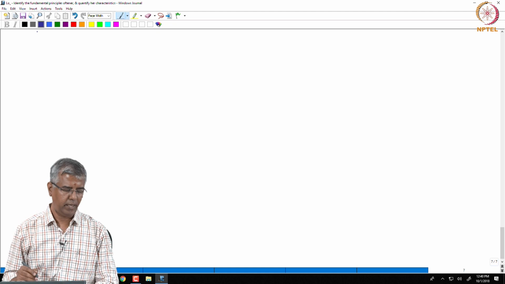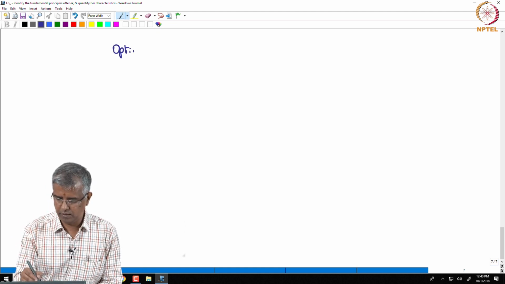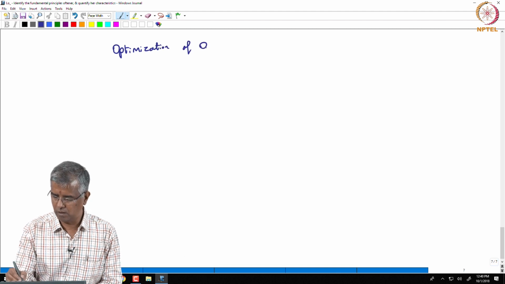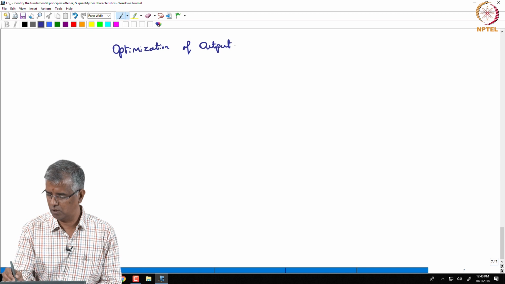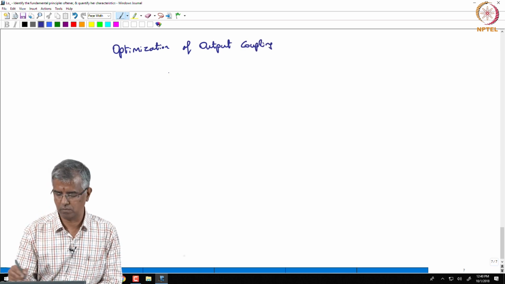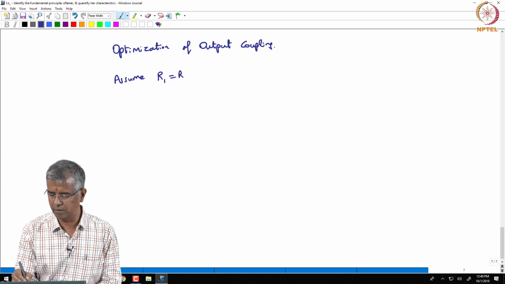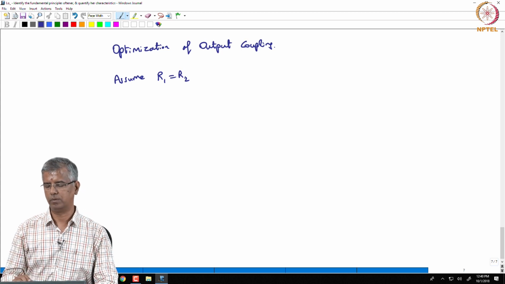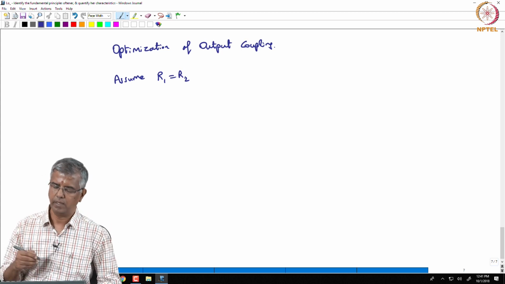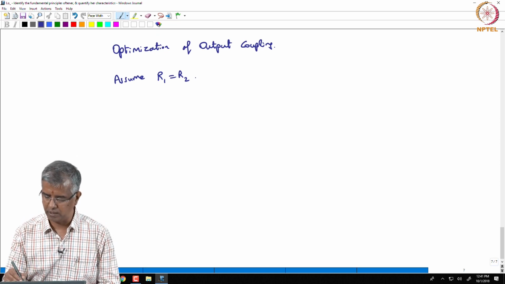So, let us say, an optimization of output coupling. Let us assume R1 equal to R2. Of course, we can change that assumption also. I will just come back to that in a minute.